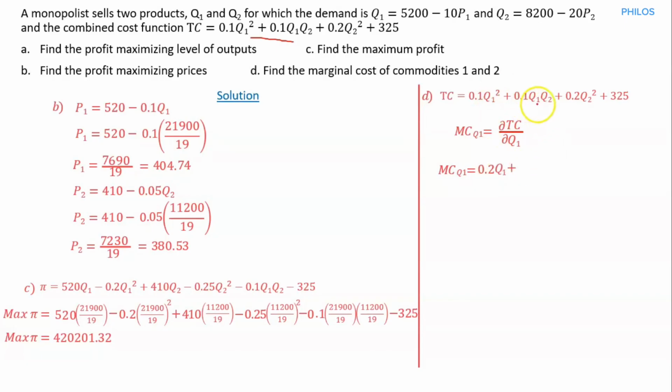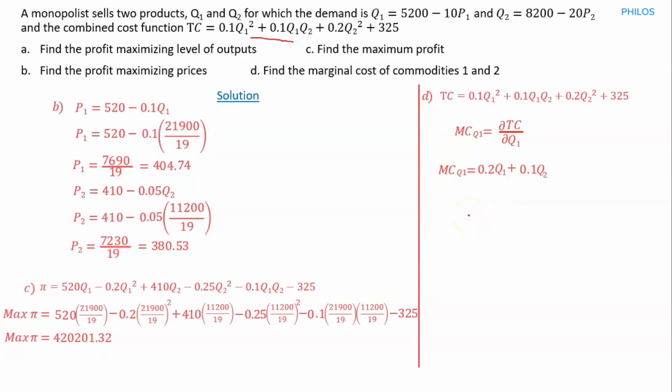Plus, we have Q1 and Q2 here, so we differentiate with respect to Q1. You have Q1 as an exponent of 1, multiplied by 0.1, it remains 0.1. Now Q1, when you subtract 1 from its exponent, it becomes Q1 exponent 0, which is 1, and 1 times Q2 will give you Q2. There is no Q1 in the last term, so that becomes 0. So marginal cost of commodity 1 is 0.2 Q1 plus 0.1 Q2.